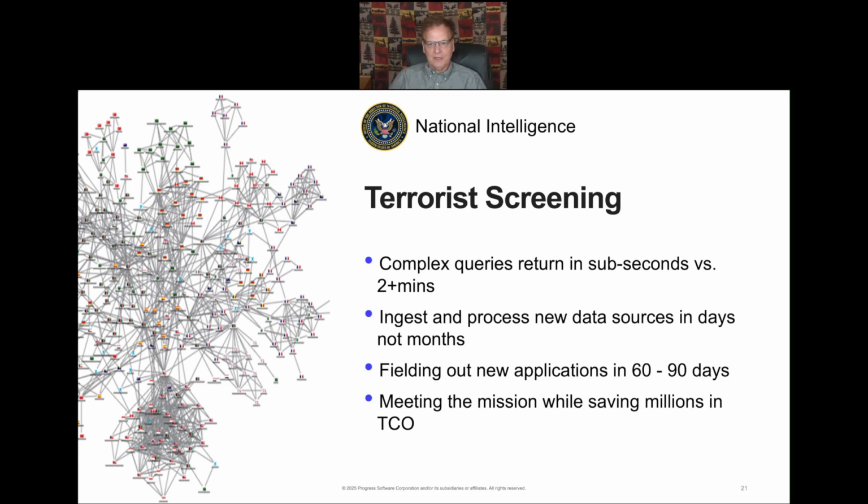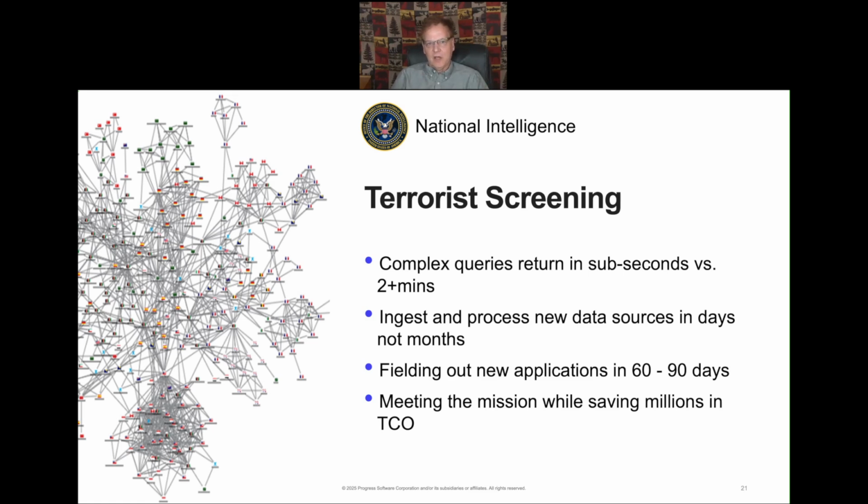Another one, which is not purely financial, is that the US government runs one of the biggest, most important terrorist watch lists using MarkLogic. So this is clearly crime related. If you're not allowed on a plane, you can blame MarkLogic for that.